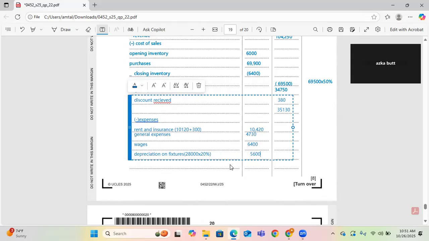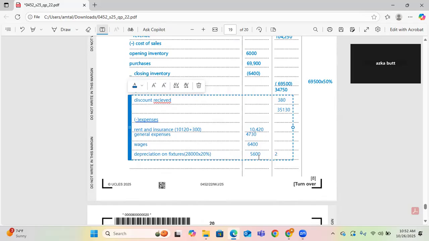Then we will add all the expenses and deduct them from the total of GP plus discount received, which is 35,130. First, let's count all the expenses: 10,420 plus 4,730 plus 6,400 plus 5,600.